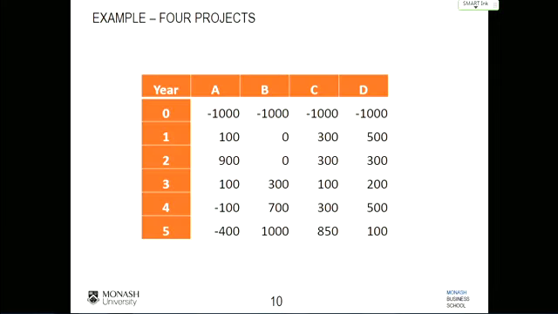Just look at project C, for example. If you look at project C, we have the initial investment at time 0. And we receive all of the inflow from time 1 to time 5. Okay? Outflow and inflow. Project B, outflow and all inflow. Project D, we start with an outflow and we receive all inflow at the end.